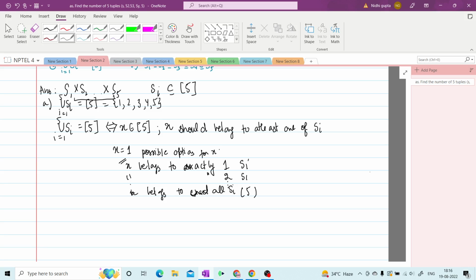Now, if we take Tx to be all those i such that X belongs to Si.